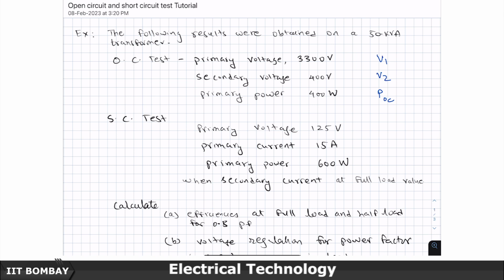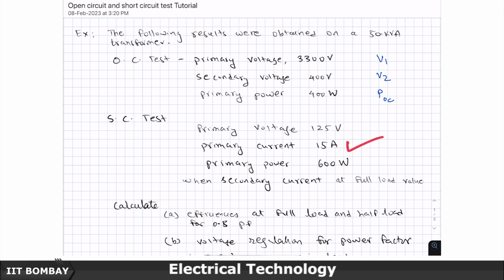So, if you have to supply full load current only through the net leakage impedance, you will require much less voltage. We have covered this aspect in detail in the previous lecture, just emphasizing it again, that this number 125 for the short circuit test is not at all surprising. You need a very small value of voltage to supply the full load current.